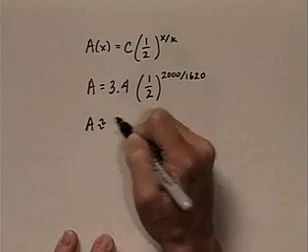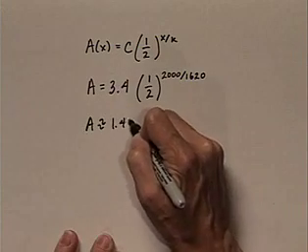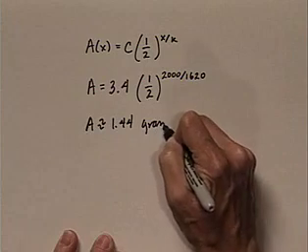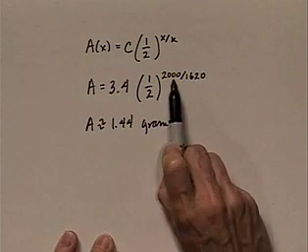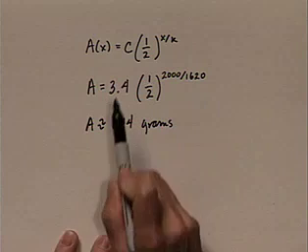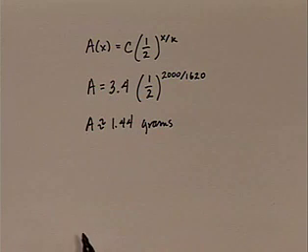We end up with 1.4448, etc. We can say that A is approximately 1.44 grams. So after 2,000 years, if we start with 3.4 grams of radium-226, 1.44 grams will remain.